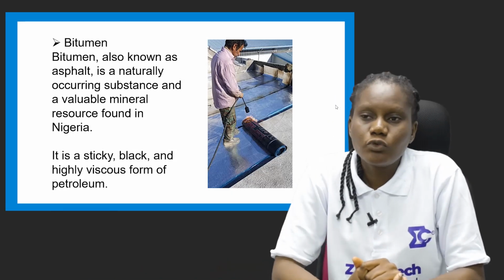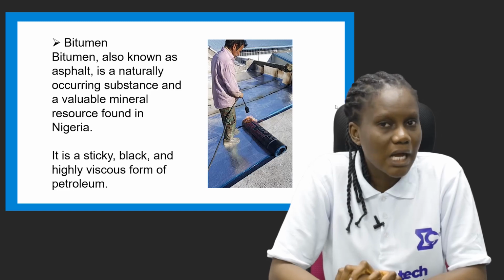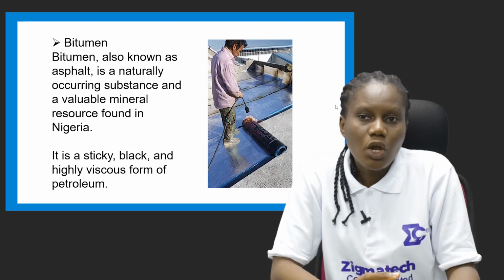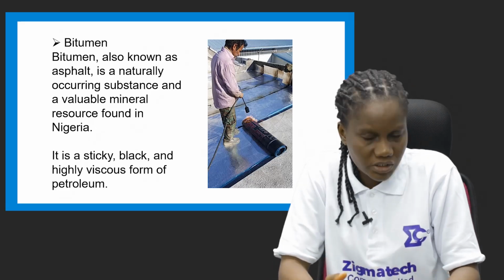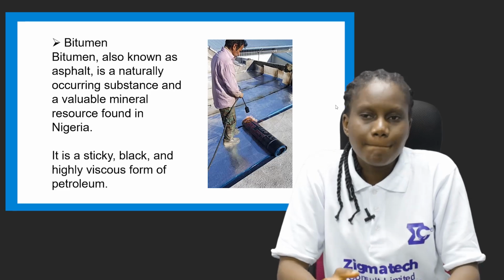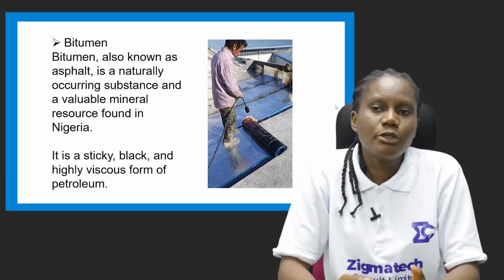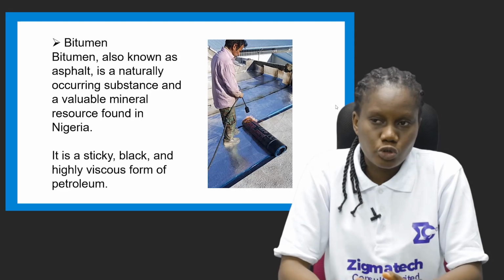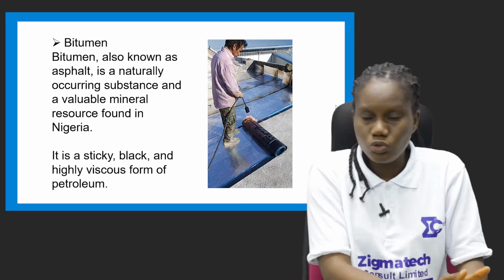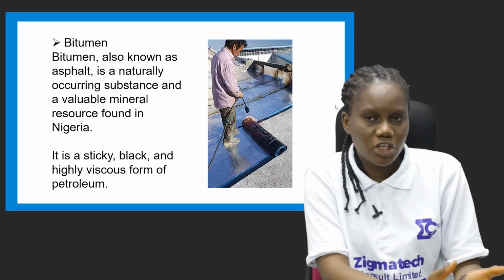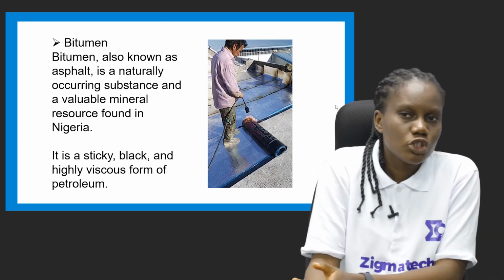Sometimes you hear people say it is coal tar. Coal tar is synthetic, while bitumen is naturally occurring. So it is either coal tar is used, which is synthetic, not natural, or bitumen is used.